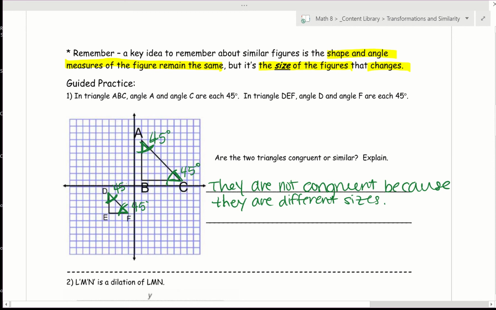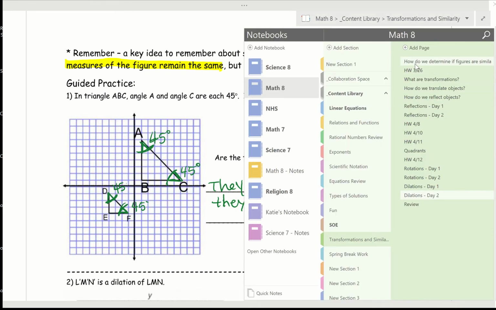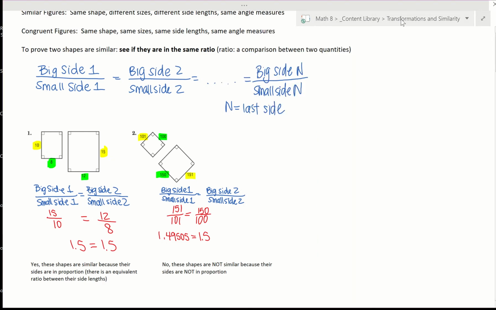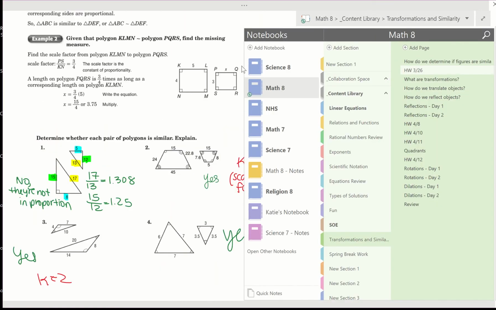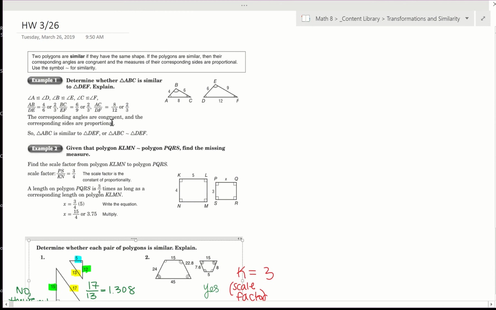Are they similar? Well, they are the same shape, and because two of the angles are congruent, then that means that they are similar. Remember that similarity has same angle measures. If we go back to when we said determining shapes are congruent, one of the ways described was that they have the same angles right up here, right?